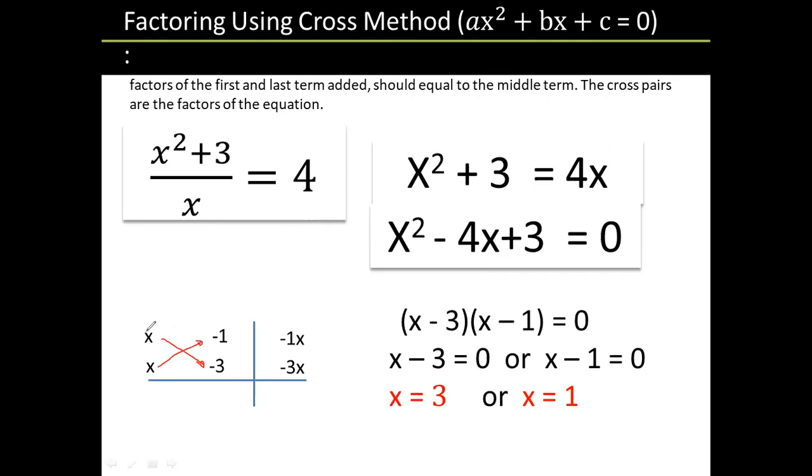But if it has another coefficient, for example, 3x, then it will be different. So that is why always practice the cross pair. So therefore, you now have x minus 3 and x minus 1 equals 0. Factor it out and solve for x: x equals 3 and x equals 1.